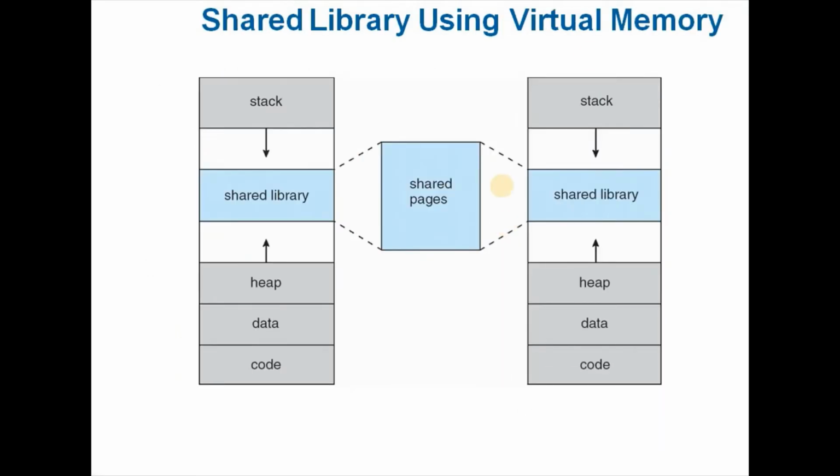Then you can see from the figure a shared library, that is, shared pages. Both processes can access these shared pages, because we are using a shared library. When we are considering C programming, for example, we use a lot of library functions like printf, scanf, gets, puts, etc. So we need to use those library routines in each and every program.